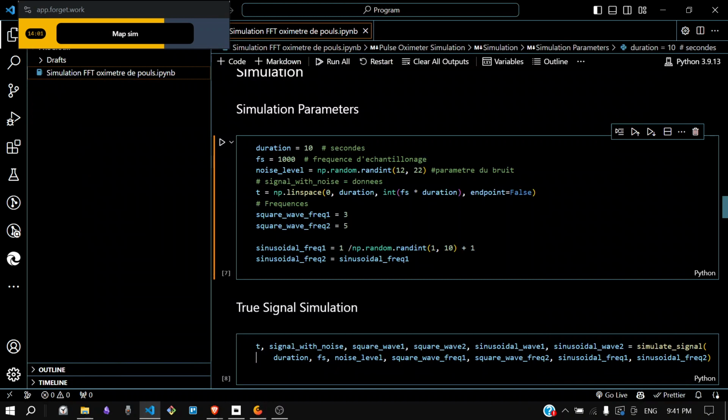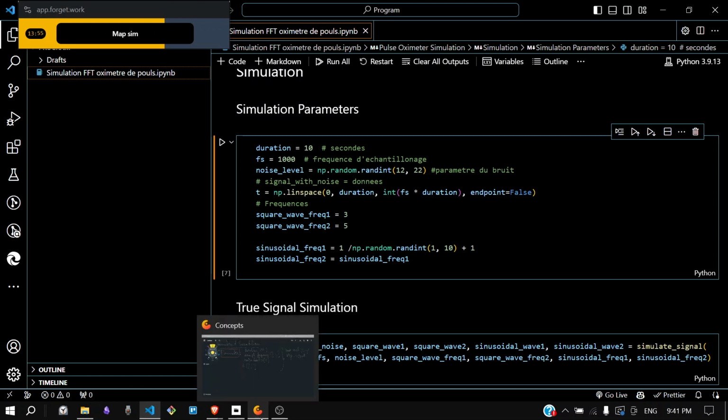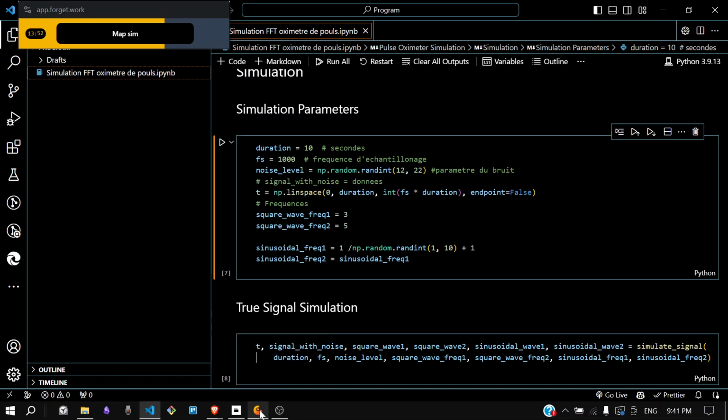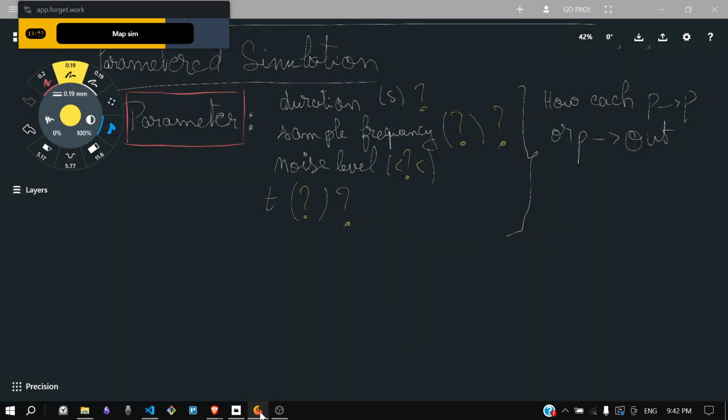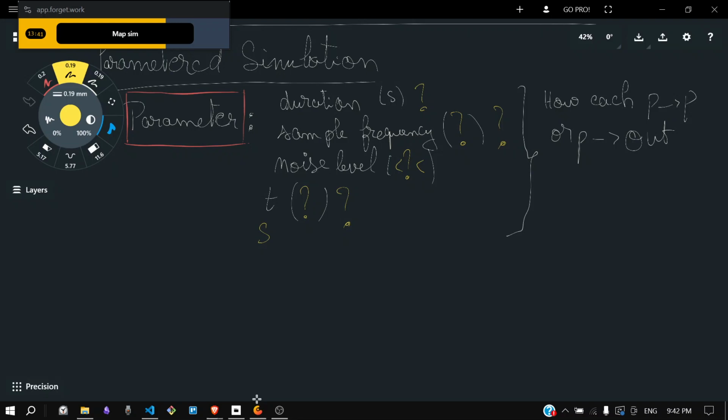Yeah, I know what this does, but then again, I also have the wave frequencies. So I also need the range for the wave frequencies and the sinusoidal frequencies. So the square wave frequencies, so I'm going to put square waves, frequency should be in rads per second.